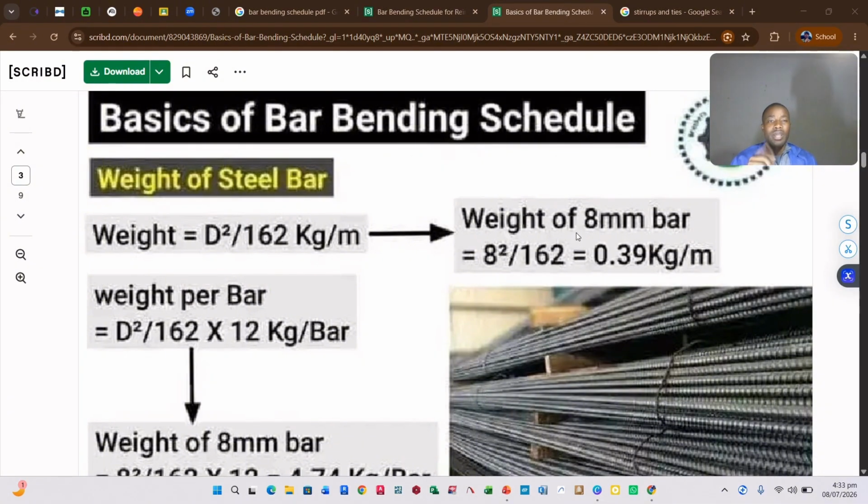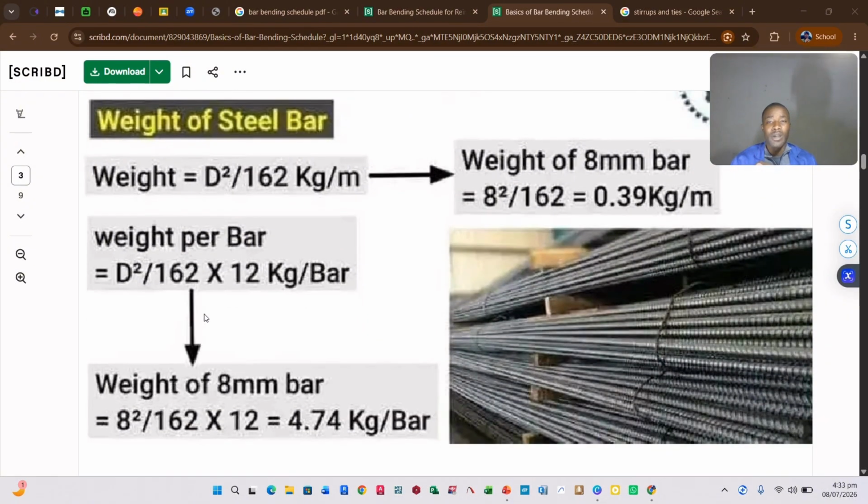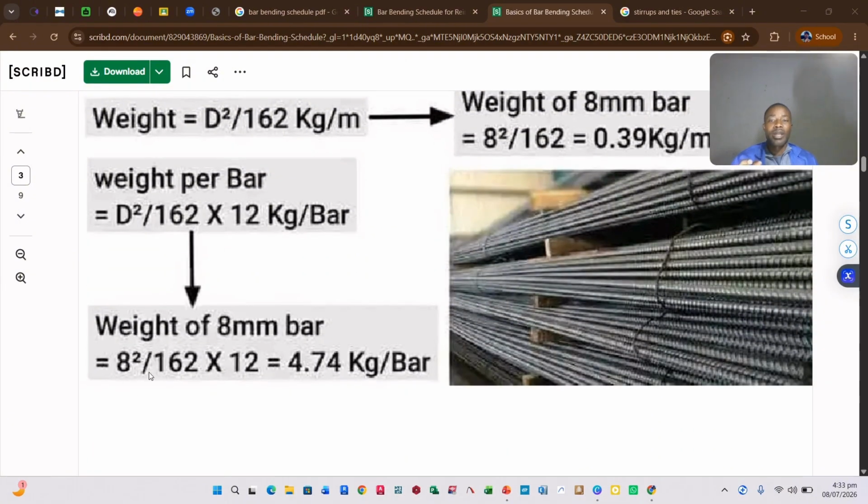Diameter squared. For example, if we have an 8 millimeter bar, applying the formula, it would be 8 squared over 162, which is equivalent to 0.39 kg per meter. Since these bars are sold in 12 meter lengths, one bar of 12 meters, you multiply 0.39 kg per meter times 12 meters, which gives you 4.75 kg per bar of 8 millimeter.